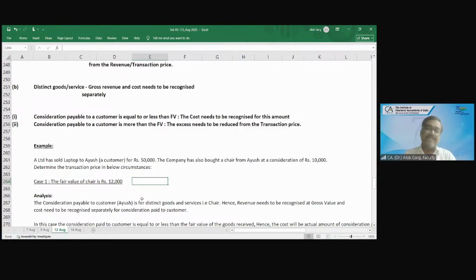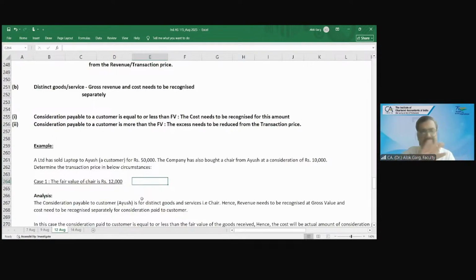And of course, why will he pay me extra? So I told Ayush that when you sell me a chair, instead of the 10,000 rupees chair, I'll give you 20,000 rupees. So I will inflate my revenue by 60,000 rupees, assuming this concept was not there.